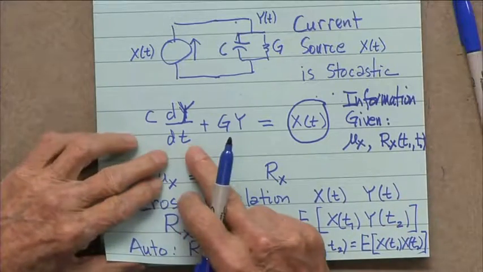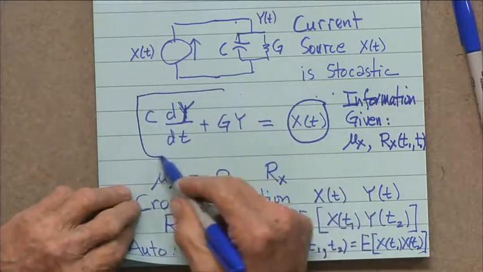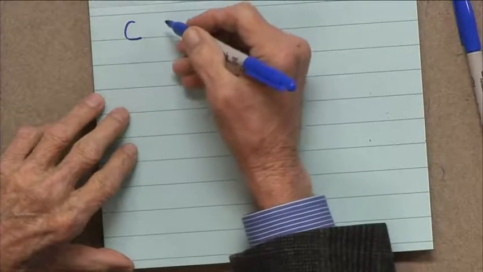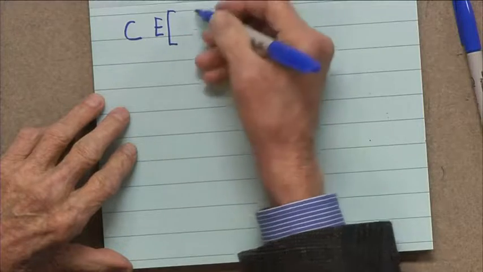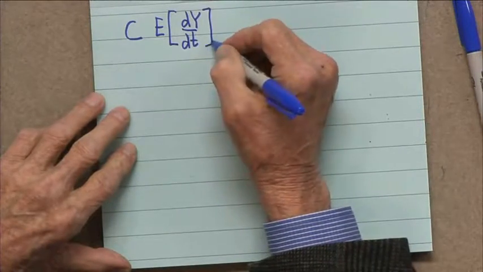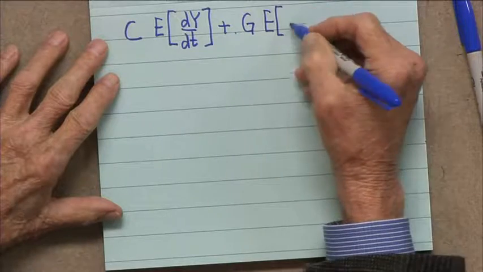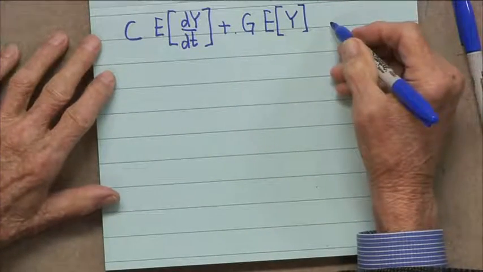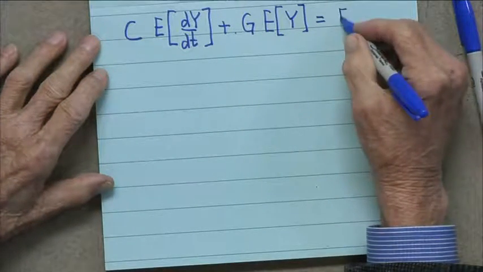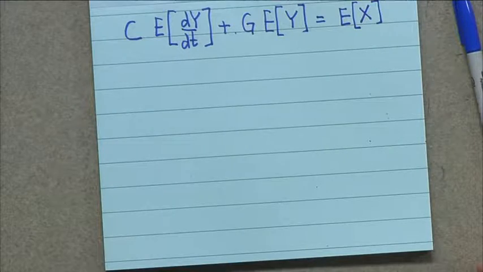So if I want to find the expected value of y, I would go to this differential equation and take the expected value: the capacitance times the expected value of dy/dt plus g, the conductance, times the expected value of y would equal the expected value of the input, the input at time t.